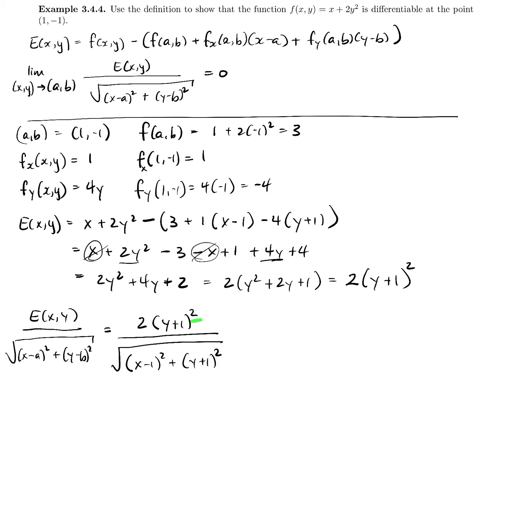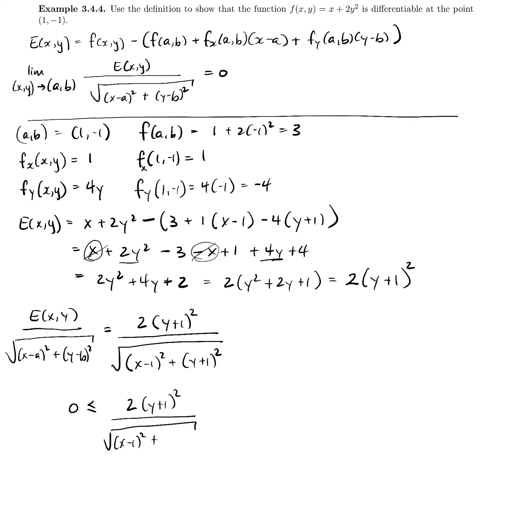Everything here is non-negative. And so 0 is going to be less than or equal to 2 times (y plus 1) squared over the square root of (x minus 1) squared plus (y plus 1) squared. And that is going to be less than or equal to, I'm going to create a new function here.